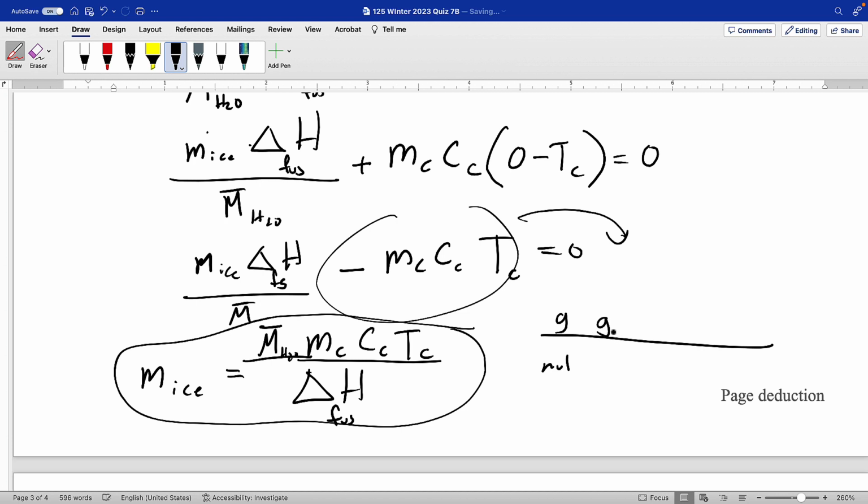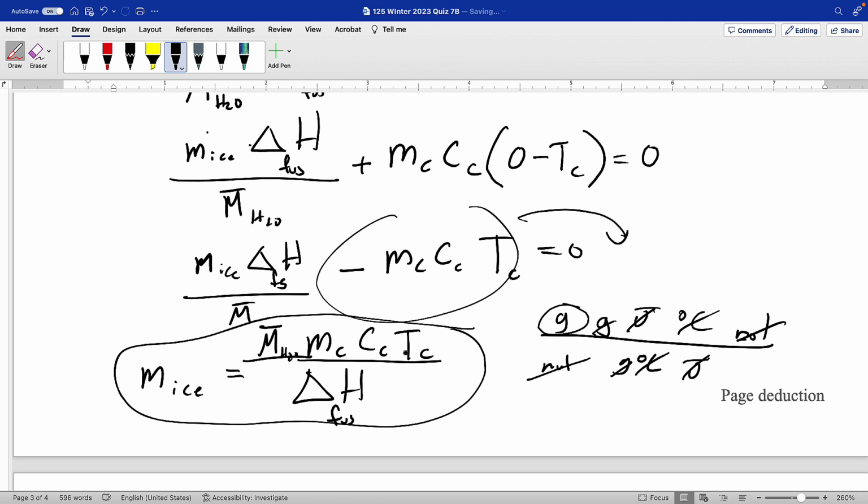We have our heat capacity, which we could put as joules per gram per degree C. We could put our temperatures in degrees C if we wanted. And on the bottom we have our heat diffusion, which we could put in as joules per mole. So let's see, the moles cancel, the grams cancel, those grams cancel, the joules cancel, the degree C cancels, and we're left with grams. So the dimensionality works out.